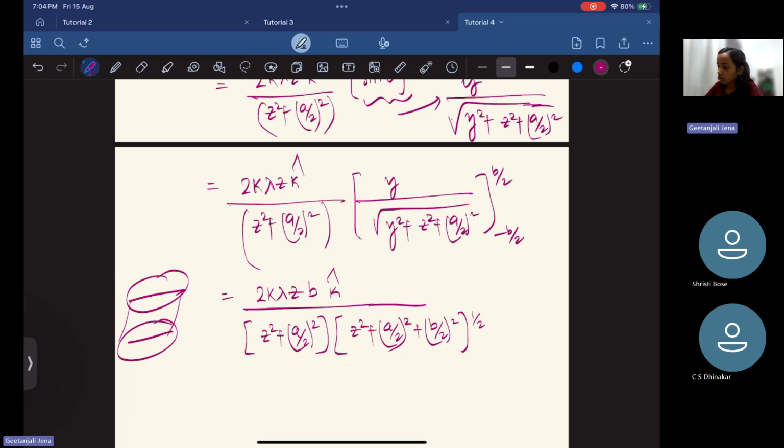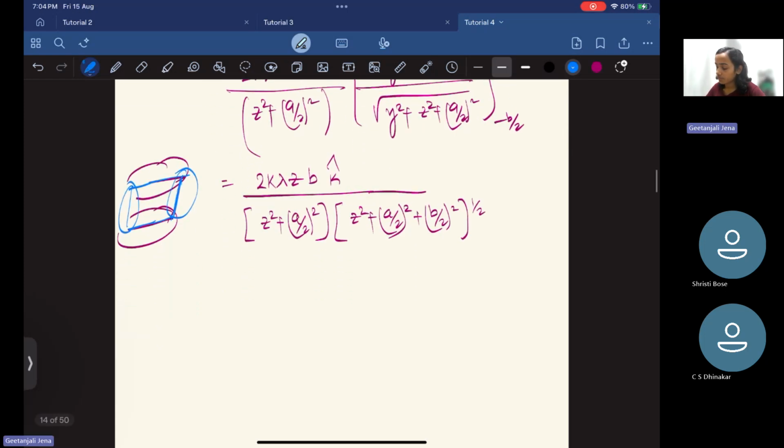Okay, so this is for this two part which is length element B. You can follow a similar process for the B part or A part also. For this two part, the process will be same. So let me just briefly go through this. For this two part, what you can do, just take a length element.